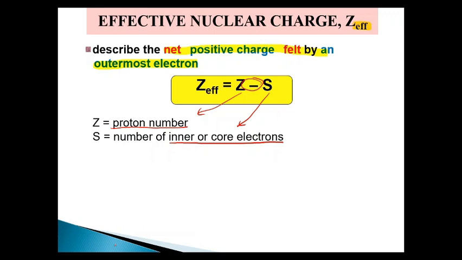Let's take a simple example of fluorine. Fluorine has a proton number of 9. So we're going to draw the orbitals first. This is n equal to 1. The first shell should be fulfilled by how many electrons, class? Yes, 2 electrons.